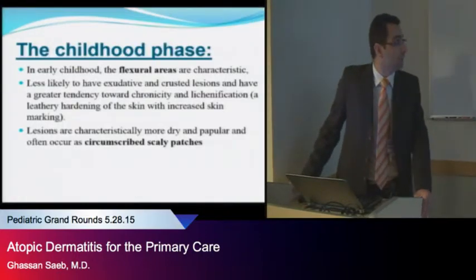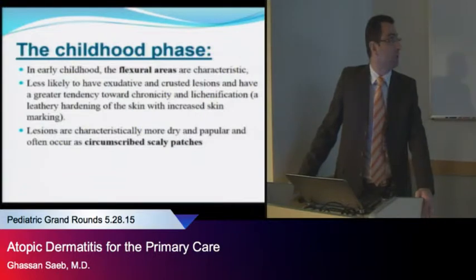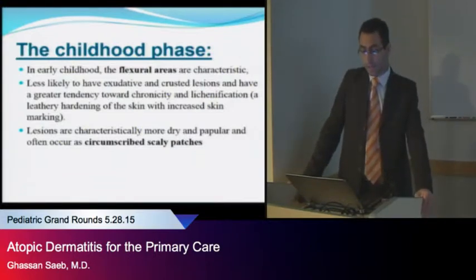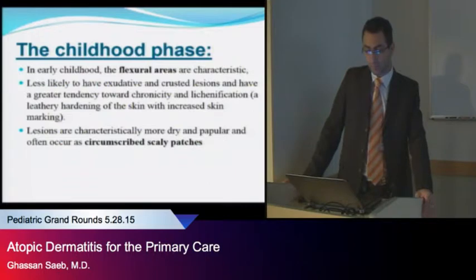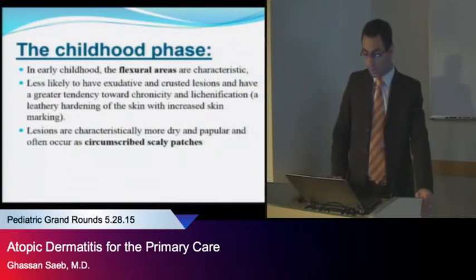In early childhood, the flexural areas are characteristic, less likely to have exudative and crusted lesions, and have a greater tendency toward chronicity and lichenification, which is a leathery hardening of the skin with increased skin markings. Lesions are characteristically more dry and papular and often occur in circumscribed scaly patches.